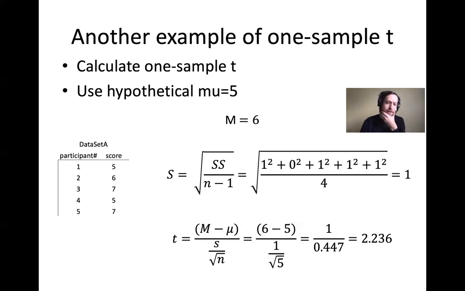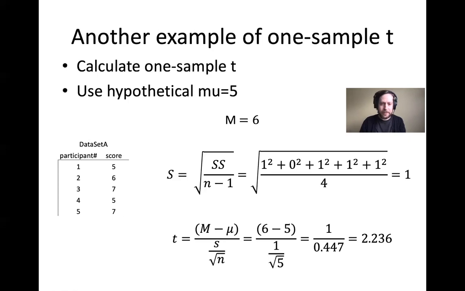Maybe we should talk a tiny bit about the situation in which you use one. So here's an example that I gave you. I worked out the math for you as well. Here's an example I completely made up. I think I said this was 10 questions on a true or false test. And the mu for a one sample t-test like this is often a hypothetical population mean or chance performance.